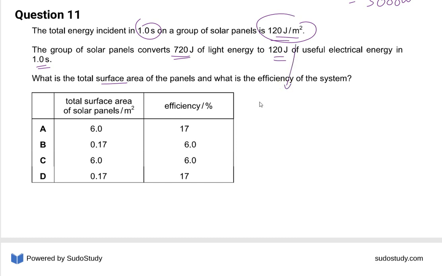So what do we know? This means that we have 120 joules, which is energy, divided by meters squared. This is area, and this gives us 1 second.